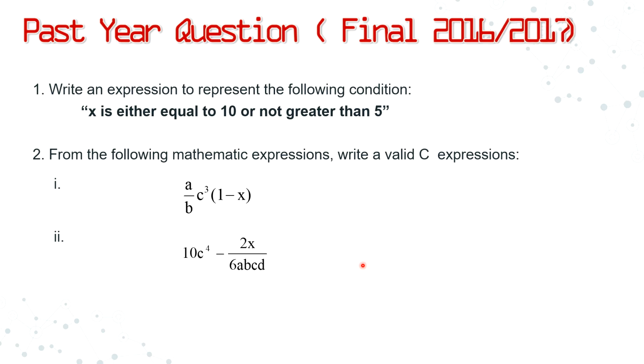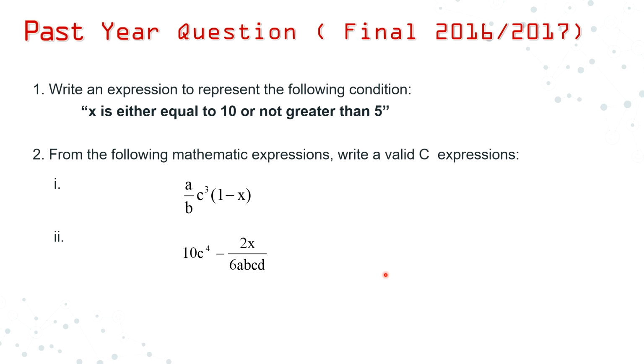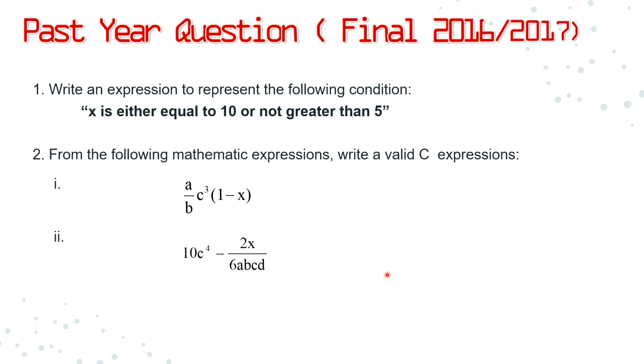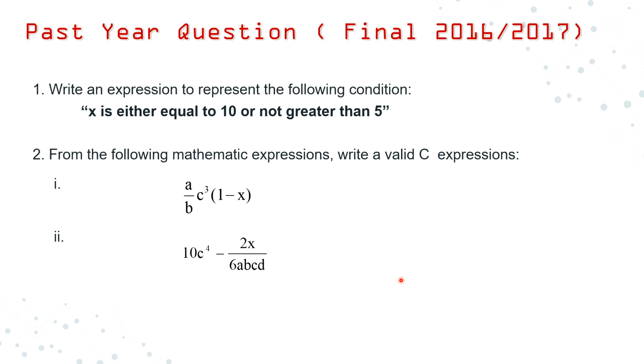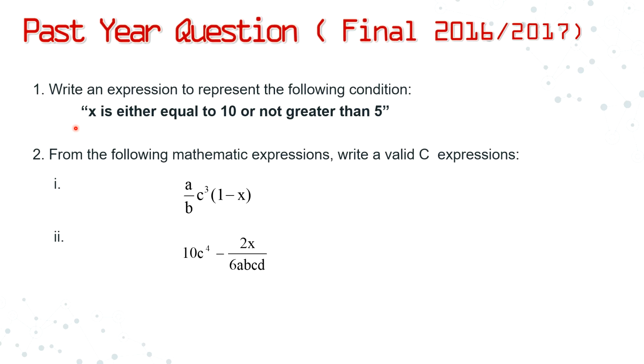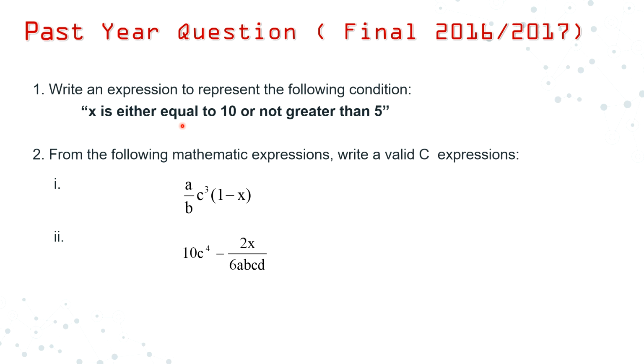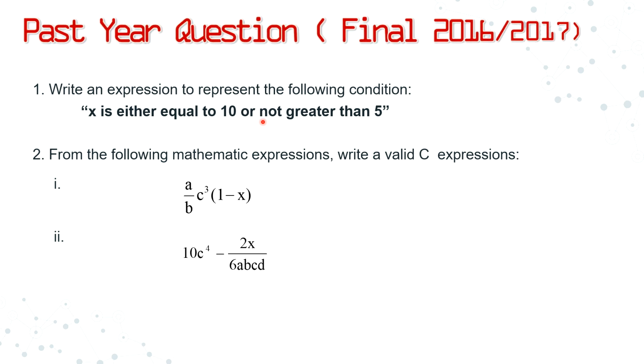From this past year question, take a moment and think about how you would write the code for question 1. Remember, for question 1, it's about using relational and logical operators.